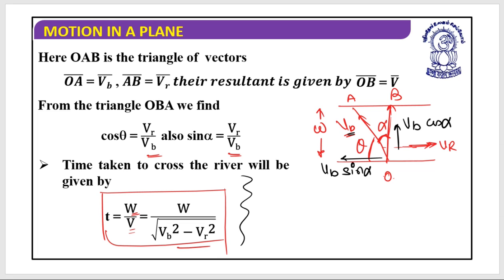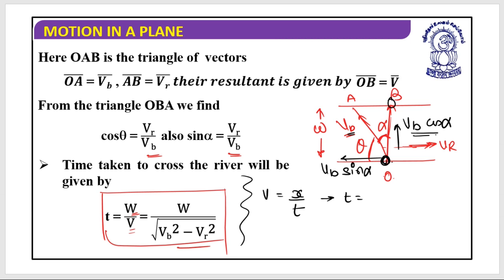So if you want to cross the river in this manner, then what you understand is that speed is equal to distance by time. So my time should be equal to, you are here, you desire to be here, so the speed to be considered is VB cos alpha. I hope these things are clear.